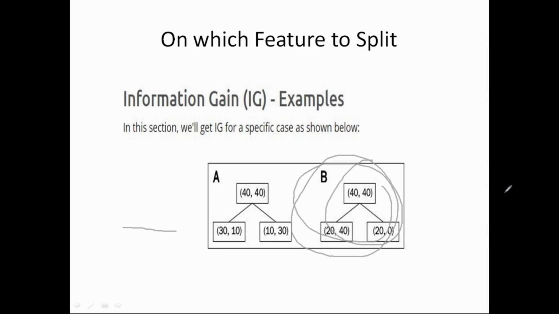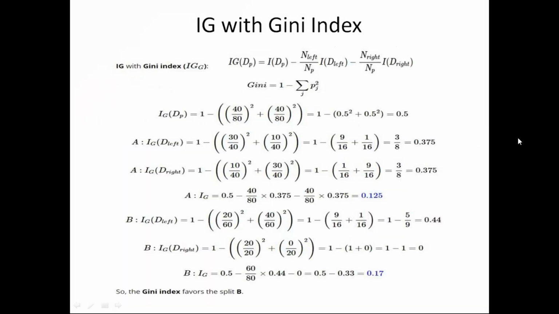For this one also you calculate the same, and you will find that for B also the parent will be the same, 0.5, because it's 40 40, and the left is now 20 by 60 and 40 by 60, which is 0.44.